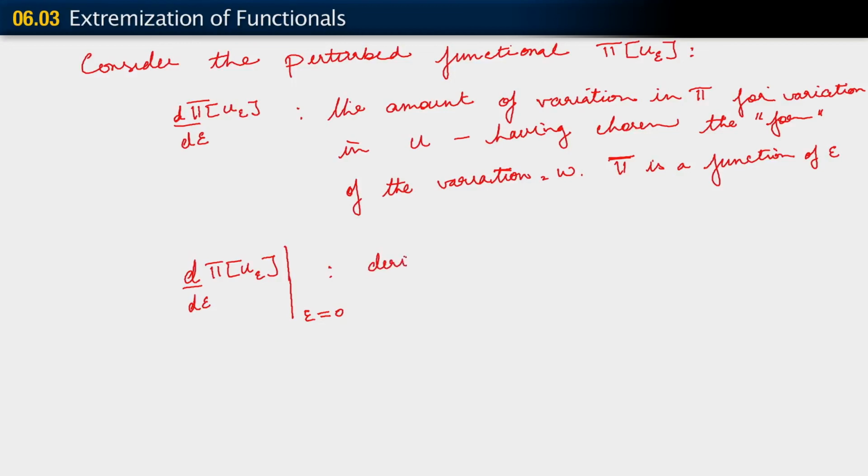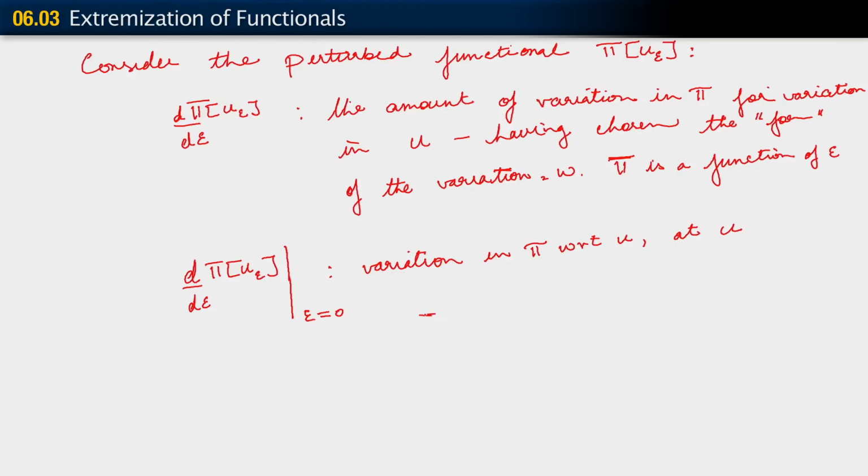So what this tells us is the derivative, well, let me not straight away call this a derivative. This is the variation in pi with respect to u at u itself, right? For that field. Okay?